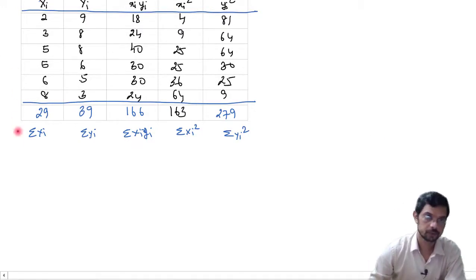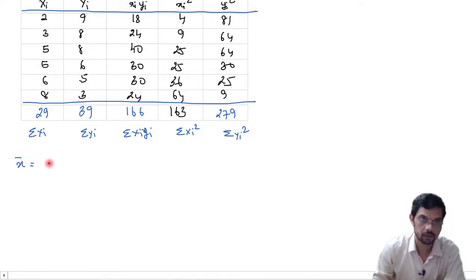So now let us try to solve the problem. So here first thing is that we need to find out x bar. Okay, to find out standard deviation we need to find out x bar. So what is x bar? X bar will be equal to sigma xi by n. Okay, and n is equal to 6. So that is equal to 29 divided by 6, which will give you 4.833 and so on.